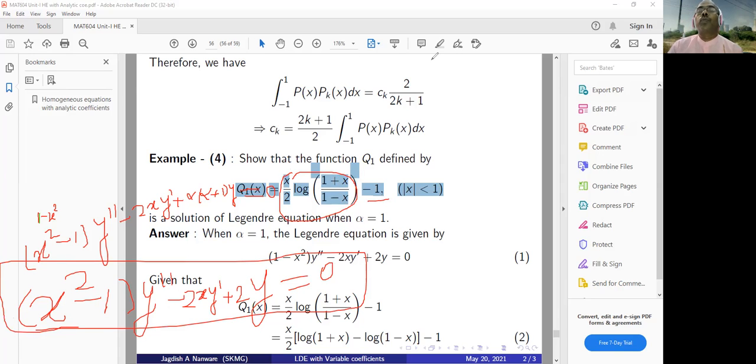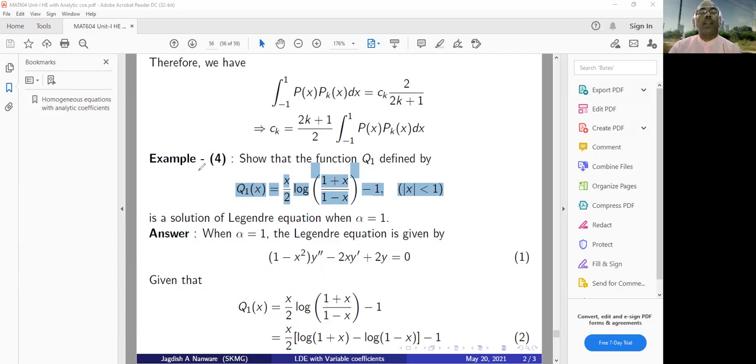So let us see how to prove this. When alpha is equal to 1, we have this Legendre equation. Now we have the given function q1 of x. By properties of logarithm, this can be simplified to equation 2. Log of a upon b is equal to log a minus log b. You use this formula and get equation 2.